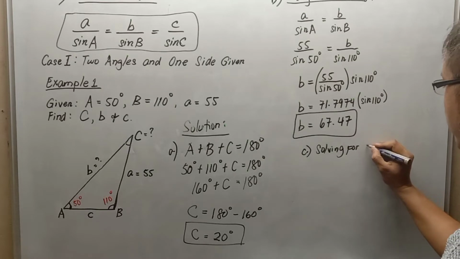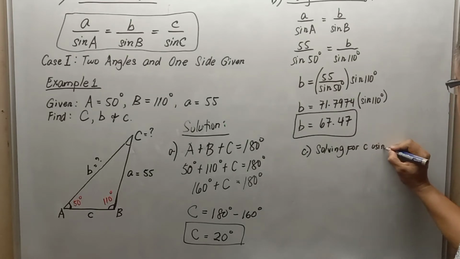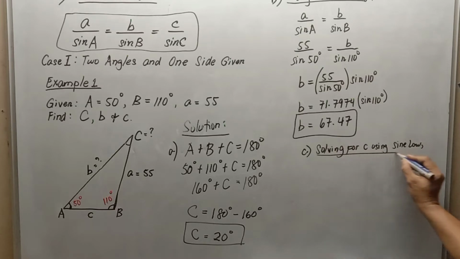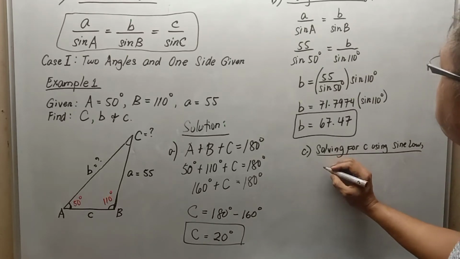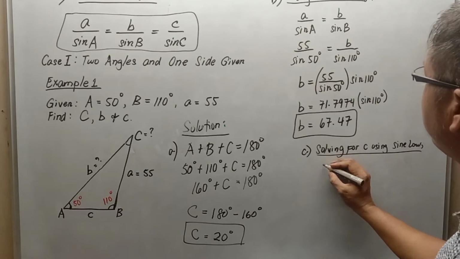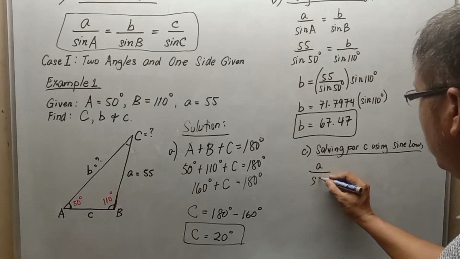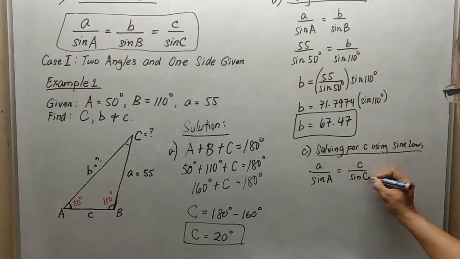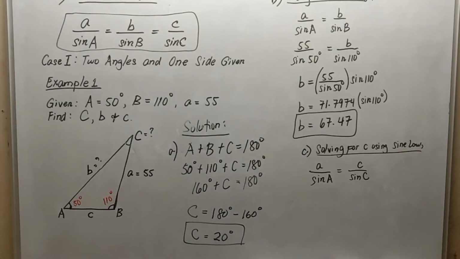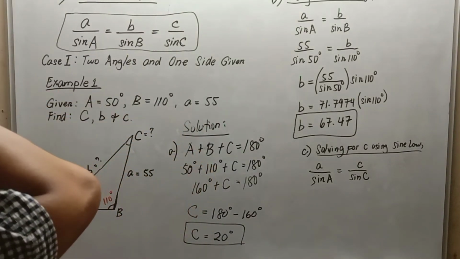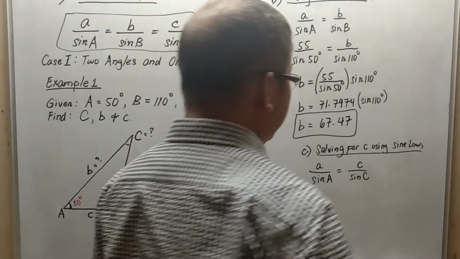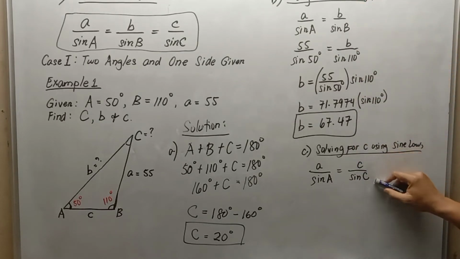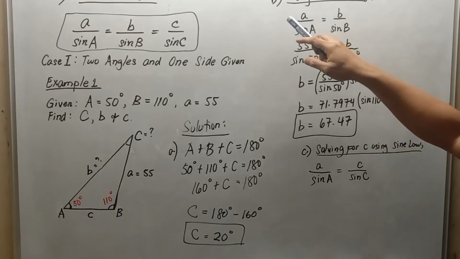Solving for C using sine law: A over sine A is equal to C over sine C. Or you can also find the value of C by using B over sine B is equal to C over sine C. But here I prefer to use angle A.